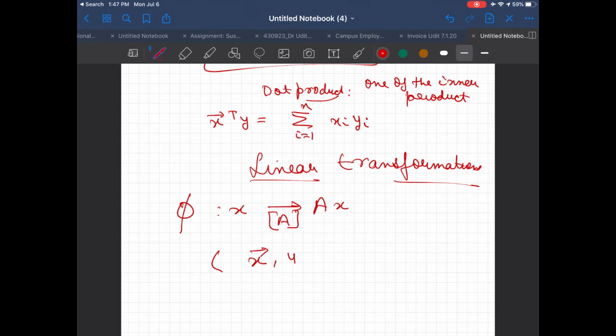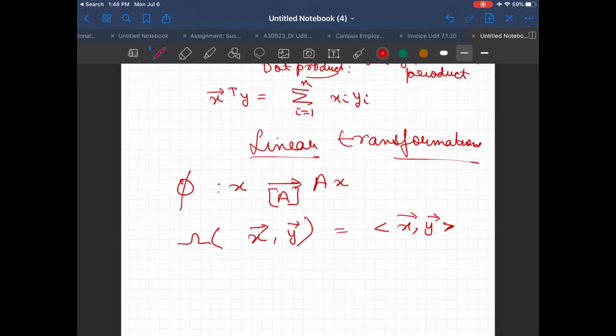That is, let us say that there are two vectors x and y, and we define some transformation on both x and y. Then we can write this as x and y getting transformed, and this is the typical notation that we write them in, this kind of bracket.